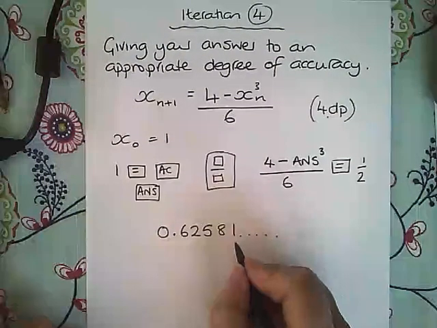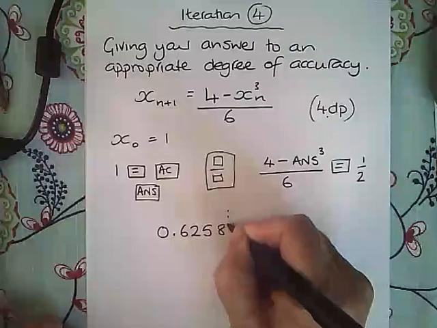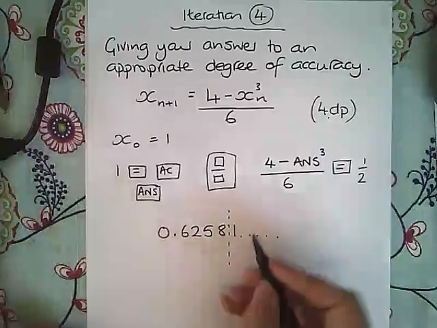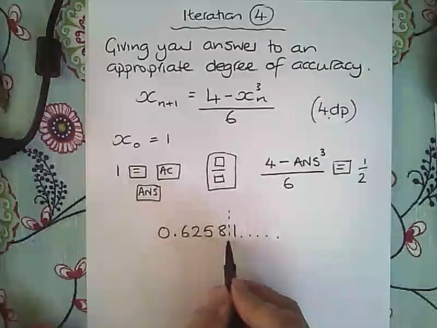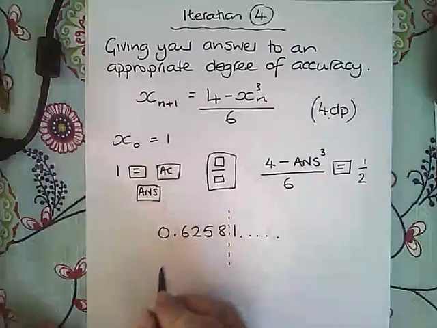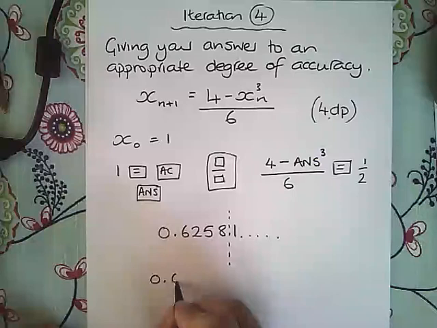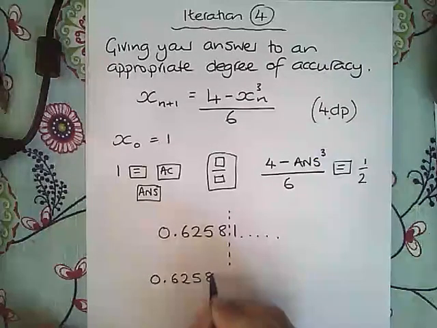So that means if I was to round this number to 4 decimal places, this digit has been staying constant, it's not changed, so to 4 decimal places this number would be 0.6258.